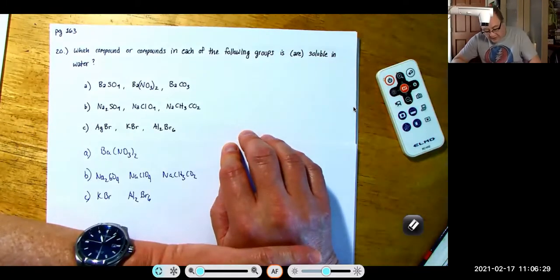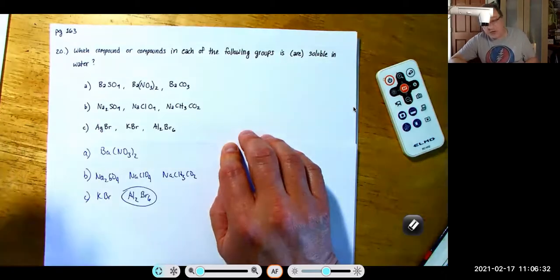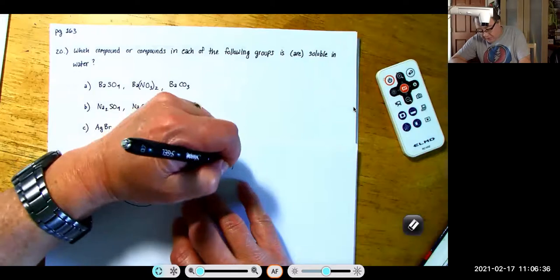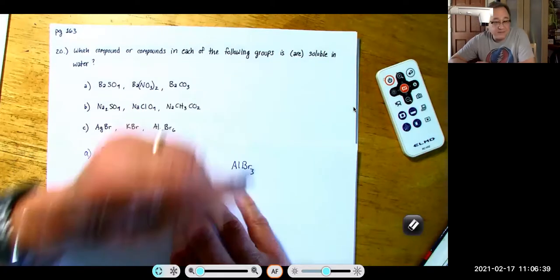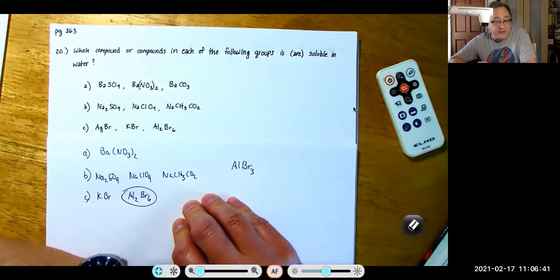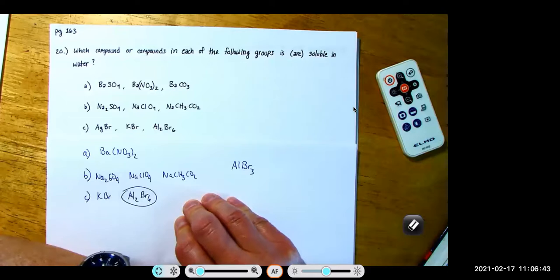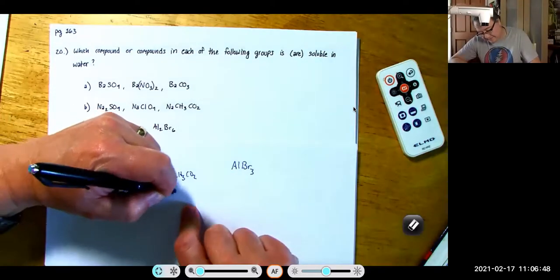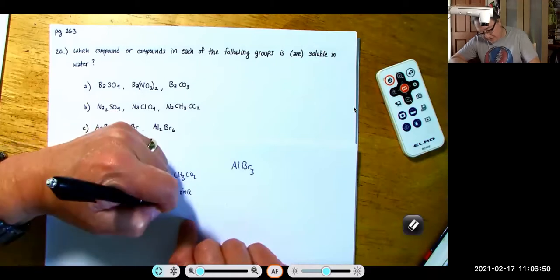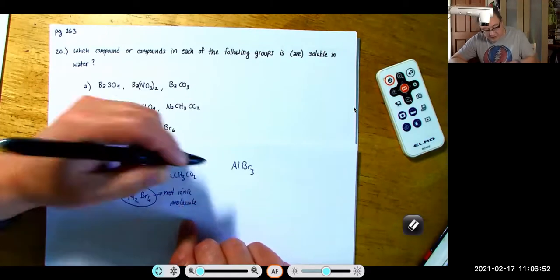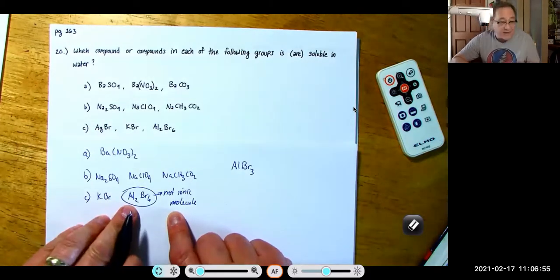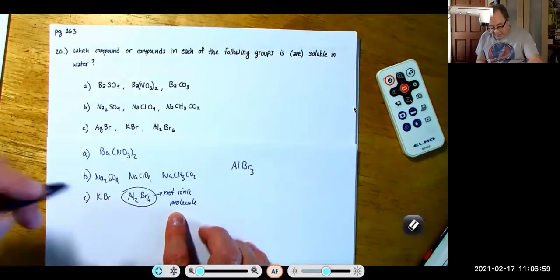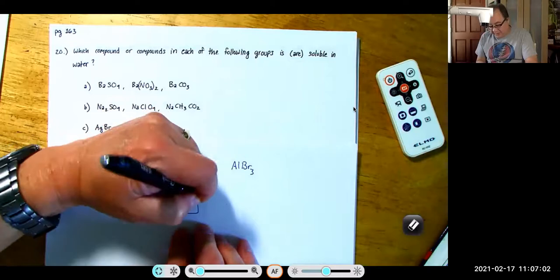Now this one, there's a few things that should strike you as weird. If this is an ionic compound, why isn't the formula this? Because aren't ionic compounds supposed to be the simplest formula? Right. So why isn't it this? Turns out this is not ionic. It's a molecule. So this is the molecular formula and not the empirical formula.